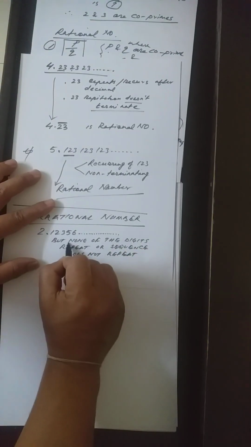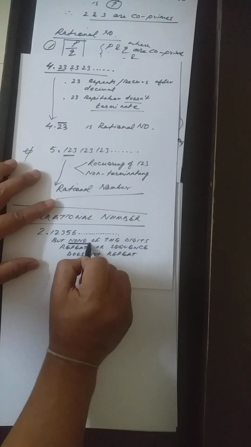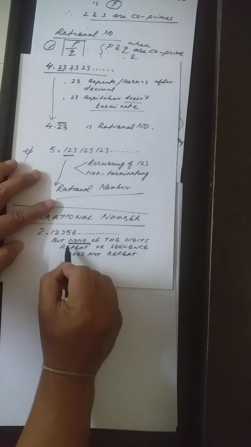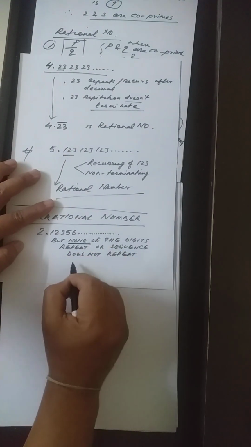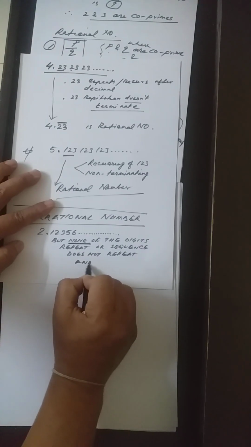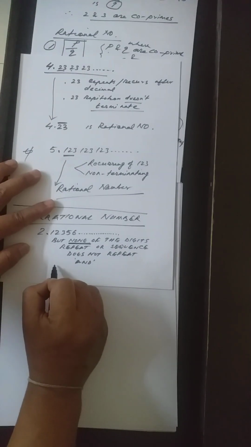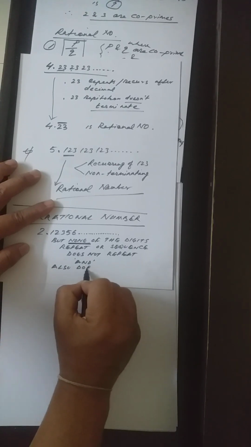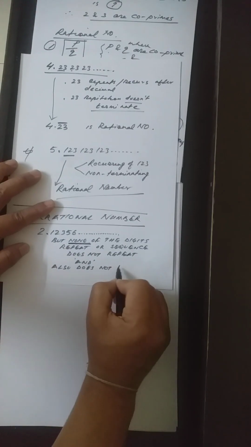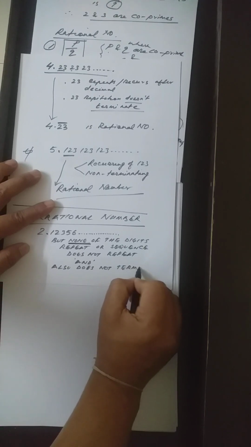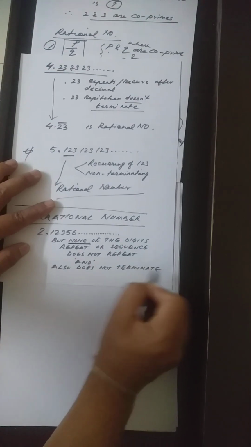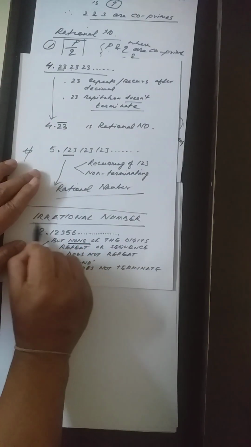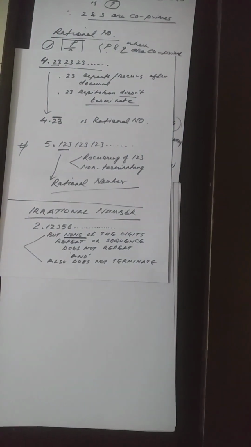So when any decimal number exhibits the property where the digits don't repeat and also don't terminate, then such numbers will be called irrational numbers.